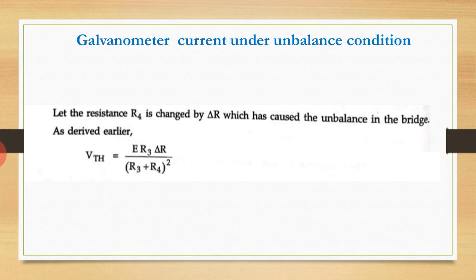Here, for the galvanometer current under unbalanced condition, we have already obtained the Thevenin's voltage, when R4 is changed by delta R, which causes the unbalance in the bridge, as derived earlier.